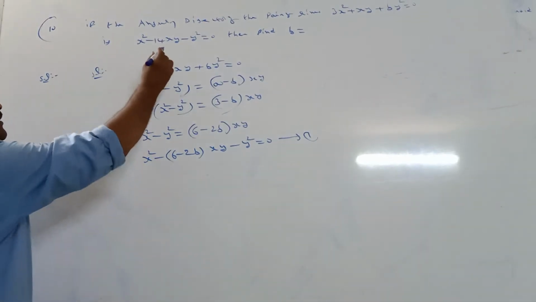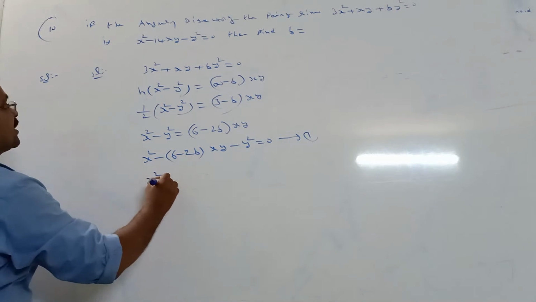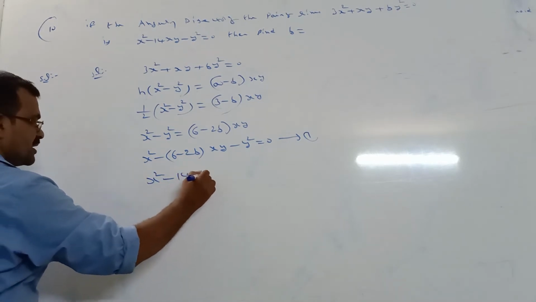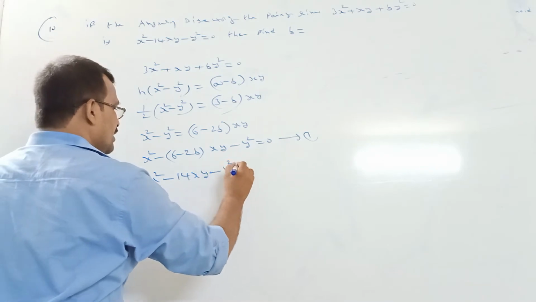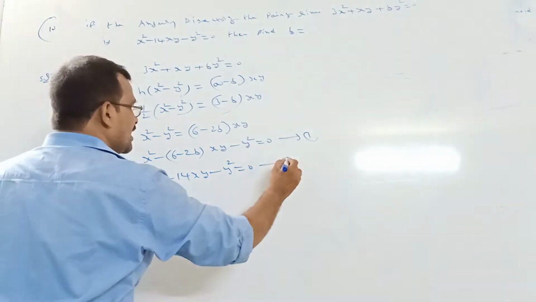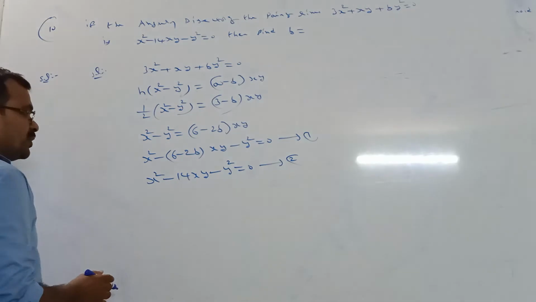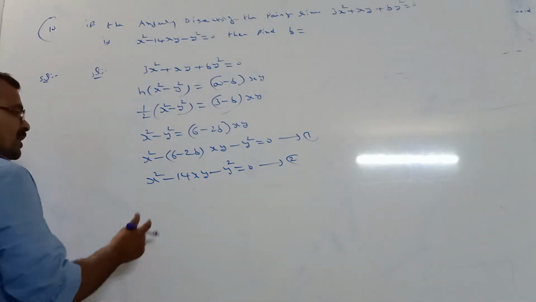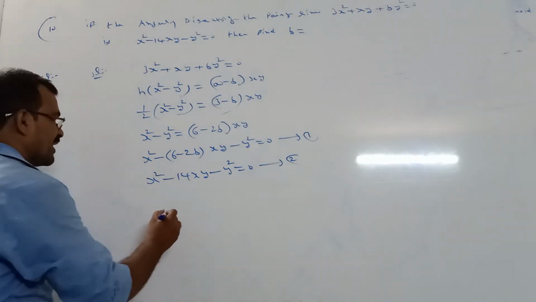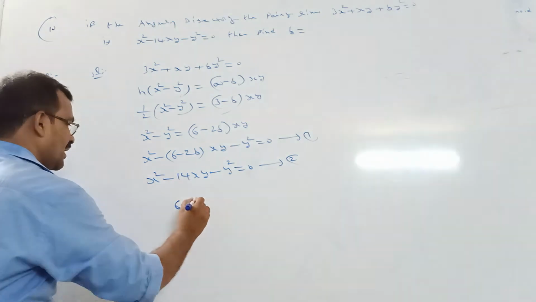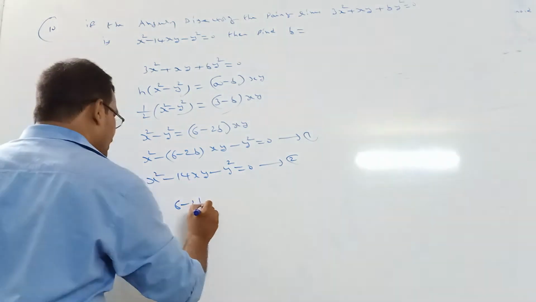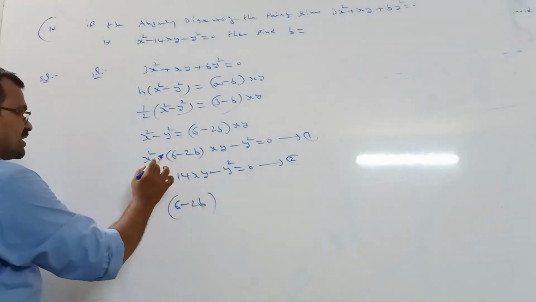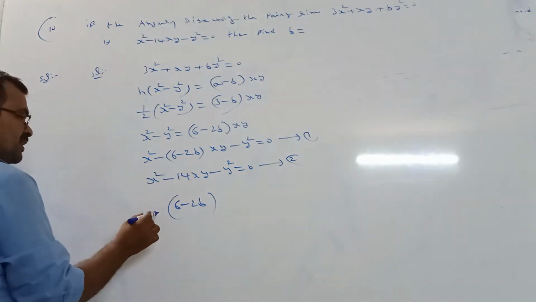But the already given angular bisectors are x square minus 14xy minus y square equal to 0. This is the given angular bisectors. Equations 1 and 2 represent the same. Now equating the xy coefficient: in the first, the xy coefficient is minus of (6 minus 2b).